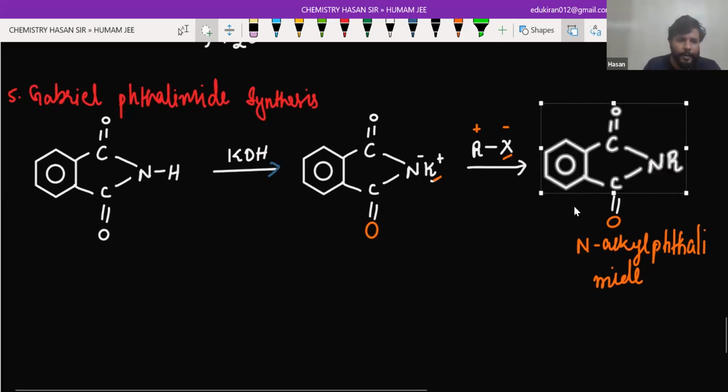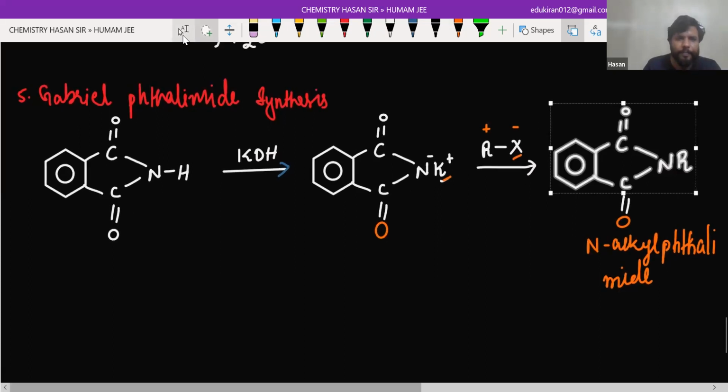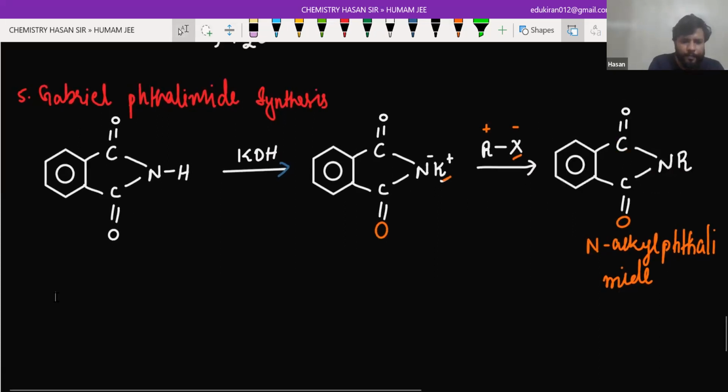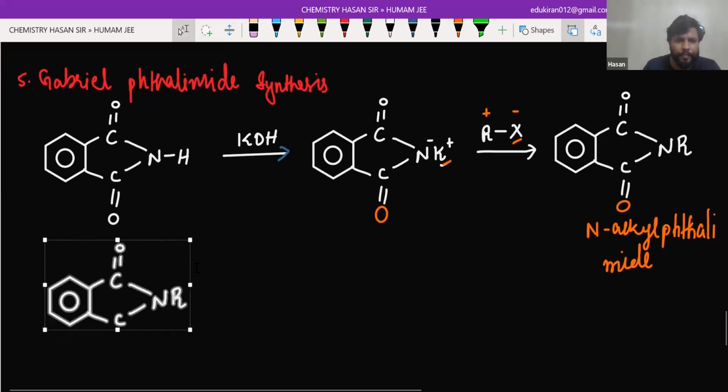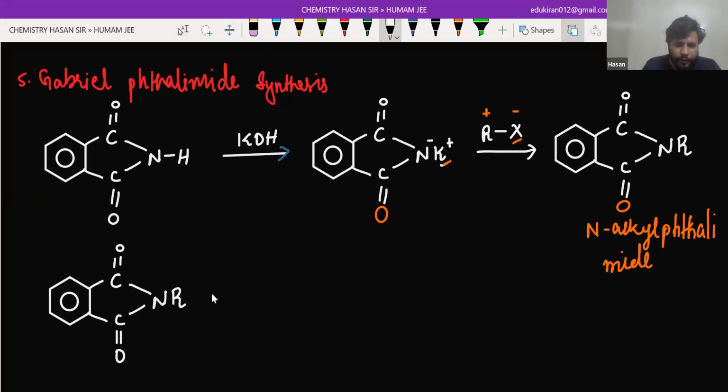After this, you are going to react this with a strong base. I'm going to show you. So a strong base you are going to use. Double bond O is there. After this, you are going to use NaOH in aqueous solution. This bond will be broken, and this bond will also be broken.